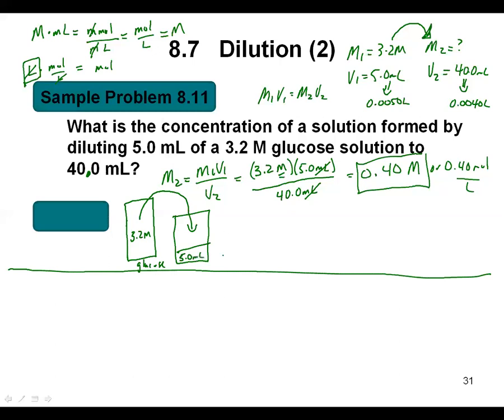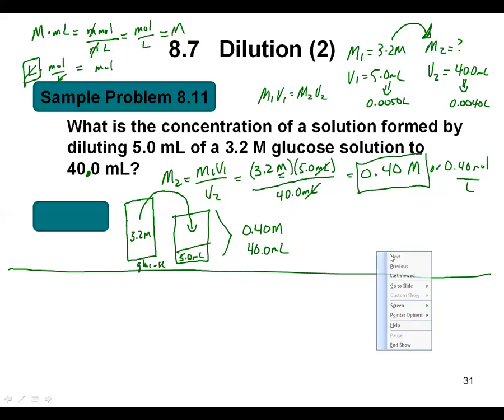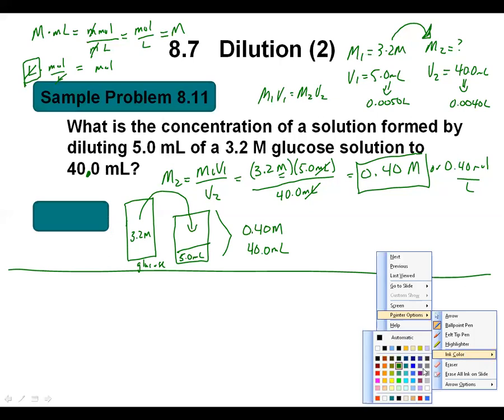And what we're trying to make in this bottle is a solution that is 0.4 molar and has a total volume of 40 milliliters. So the question is, with that glucose that I just put in there to make this new solution, I do need to put some water in there with it.